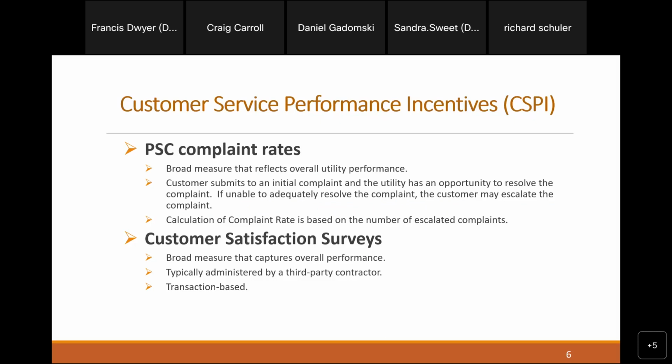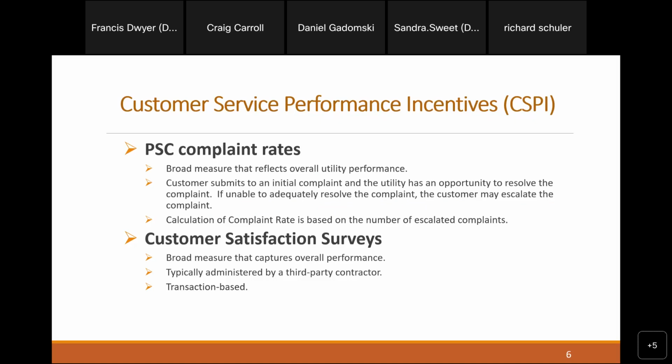First, the complaint rate. In general, an initial complaint is submitted to the DPS call center staff by the customer. The utility is then notified and provided an opportunity to resolve the issue. If the utility does not adequately resolve the customer's concern, the customer may escalate the complaint.